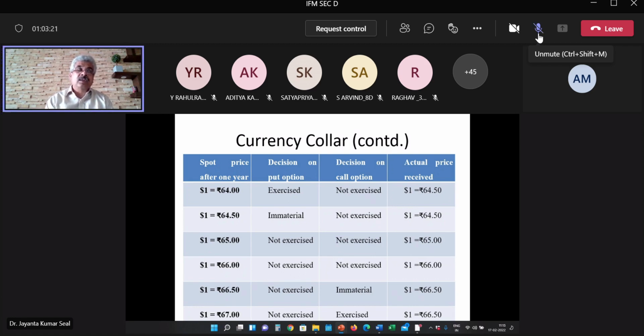If you do not exercise your right and sell it in the market, there also you get 64.5. Call option will not be exercised. Why? Again, that person has the right to buy at 66.5. Market price is 64.5. So he will not exercise. So how much price are you going to get? 64.5. Is that fine?